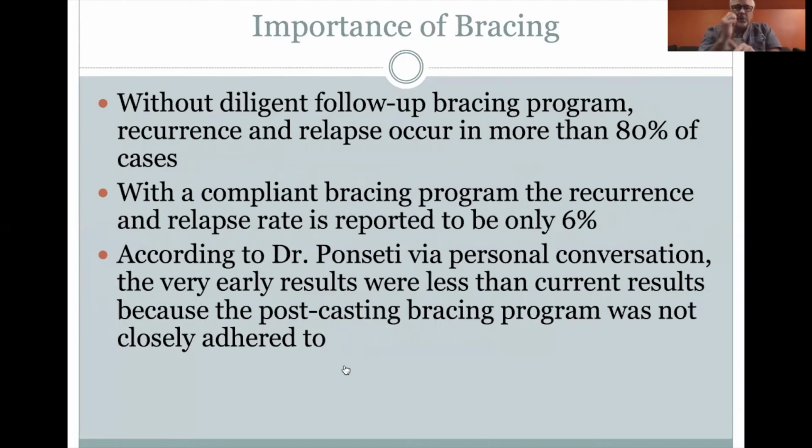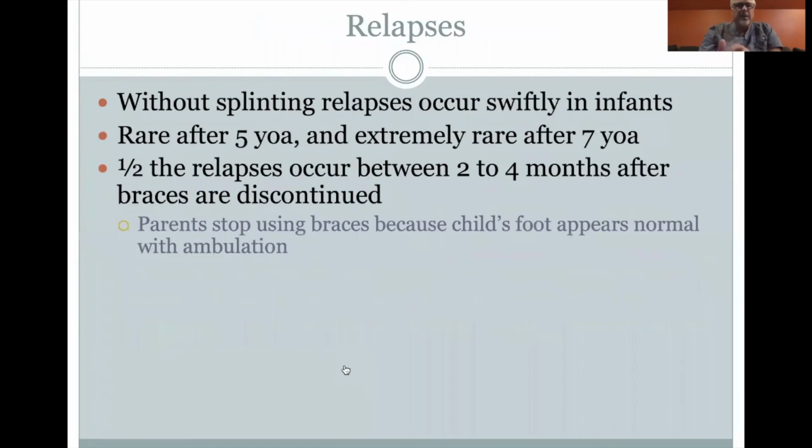In some of my personal conversations with Dr. Ponseti when he was alive, he mentioned that their early results were a little less successful because they were not as diligent about their post-cast bracing protocols as they were later on in their documentation of the success of treatment. Without splinting, relapses recur really quickly.